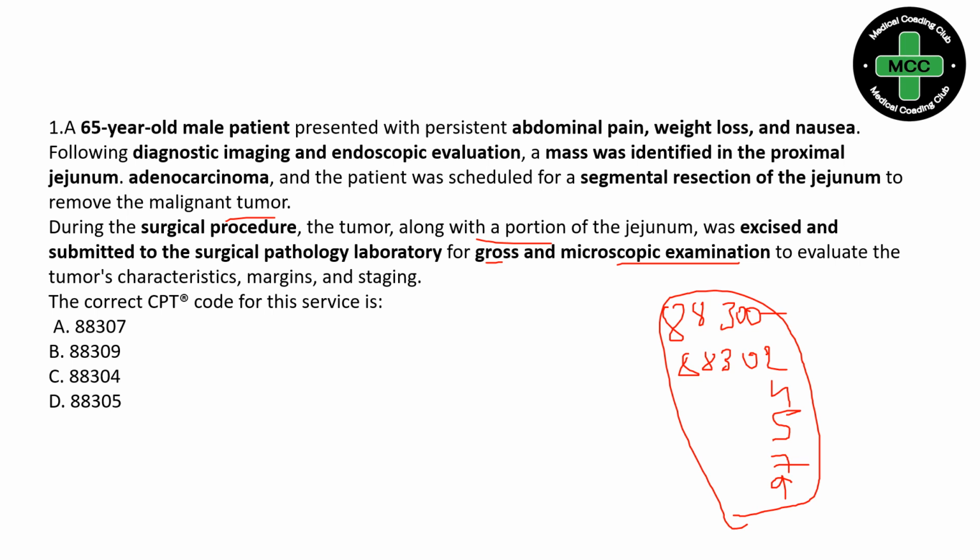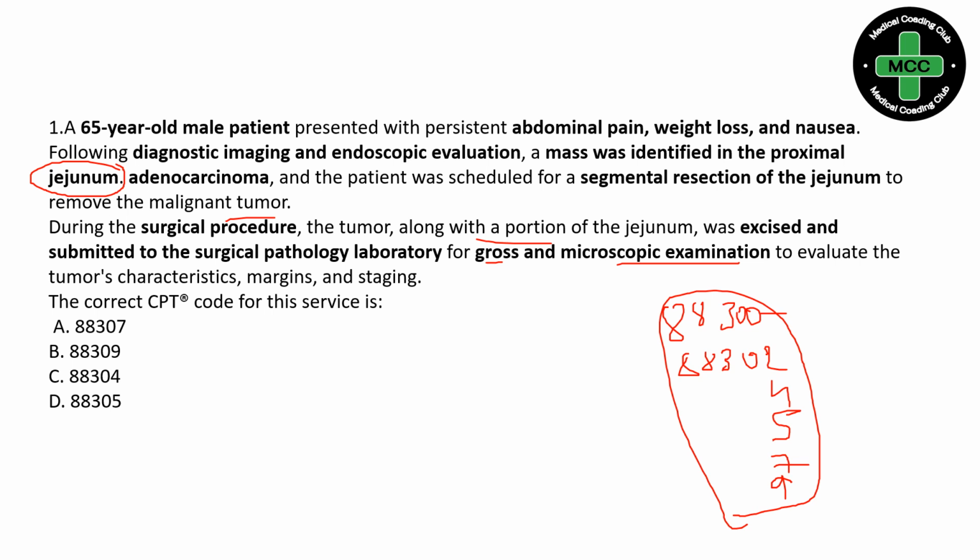In order to get the correct answer from these levels, you first have to check what the specimen is and what exact procedure they are performing. Here, the adenocarcinoma is at the jejunum. Jejunum is a part of the small intestine. You might not see the word jejunum, but you should know it is part of the small intestine.